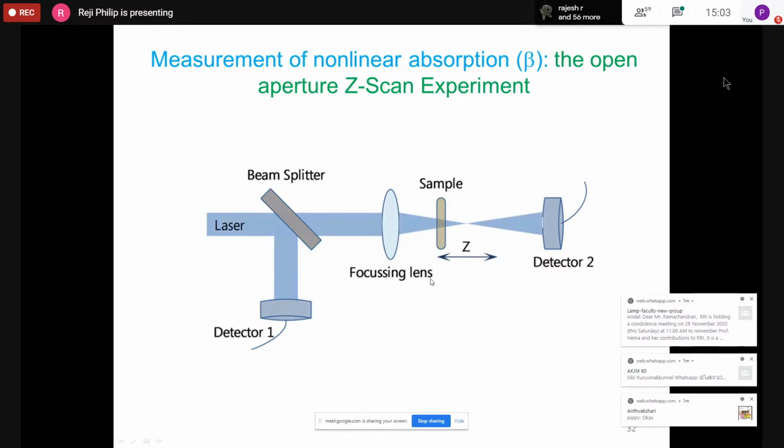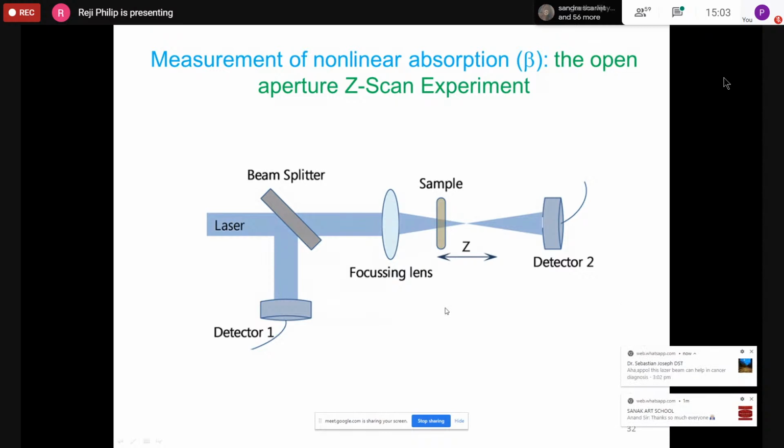And as we move, obviously, the intensity falling on the sample keeps changing. This intensity variation is possible by this experiment, and you can draw the effect of the nonlinear absorption as a function of position.